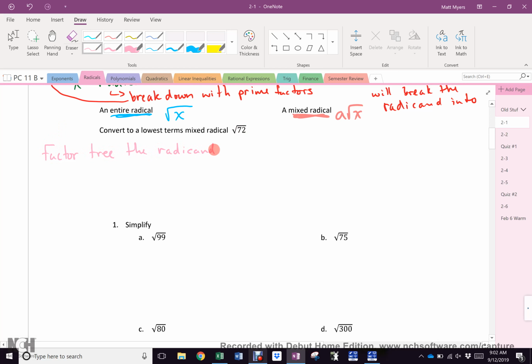What is the radicand here? 72. So I factor tree the radicand, and I go until I have prime factors.